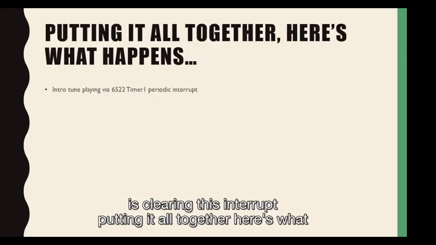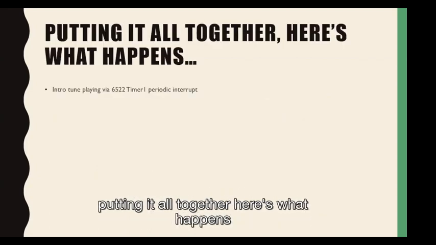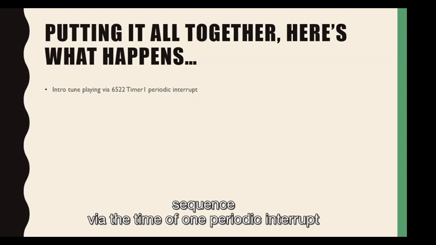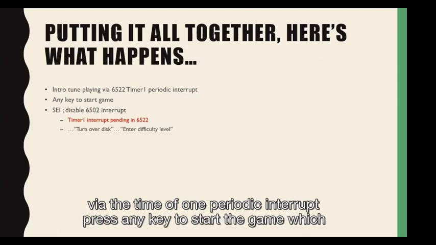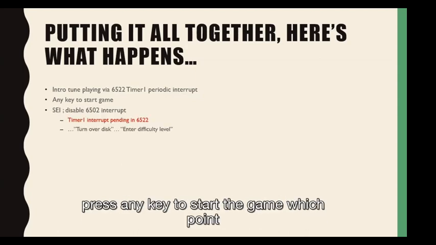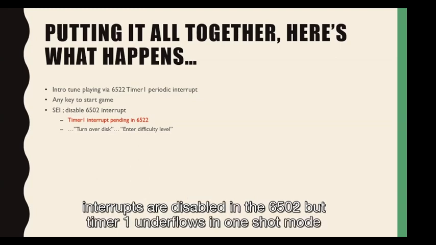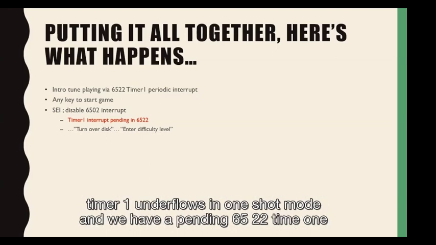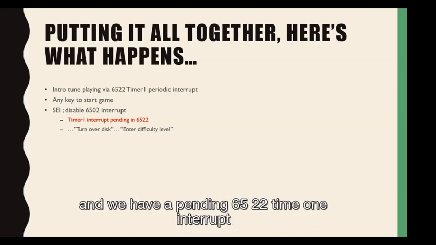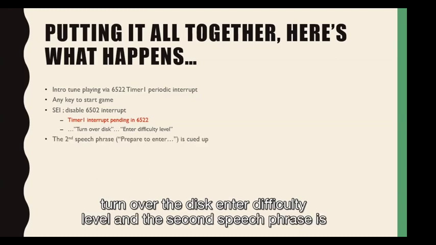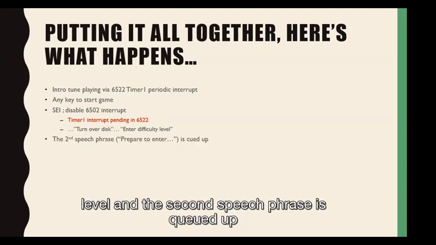Putting it all together, here's what happens. So the intro tune's playing on the intro sequence via the timer 1 periodic interrupt. Press any key to start the game, at which point interrupts are disabled on the 6502, but timer 1 underflows in one-shot mode, and we have a pending 6522 timer 1 interrupt. Turn over the disk, enter difficulty level, and a second speech phrase is queued up.